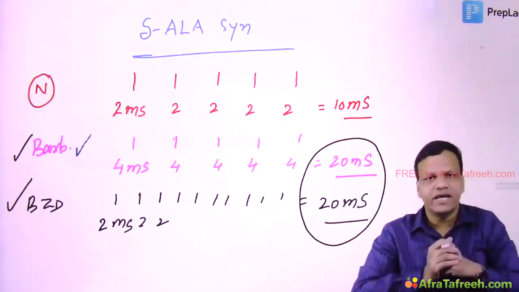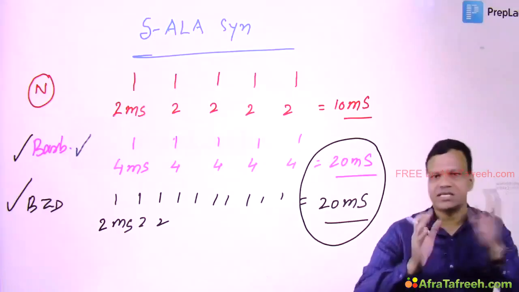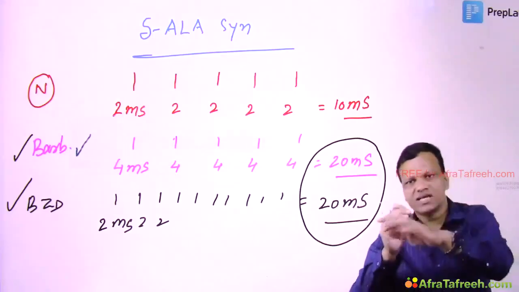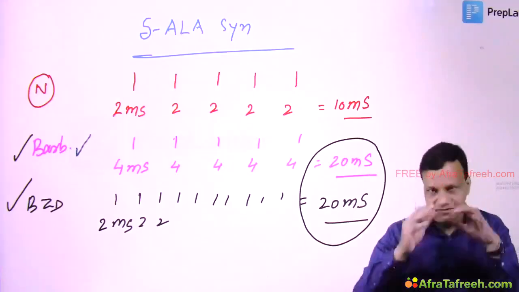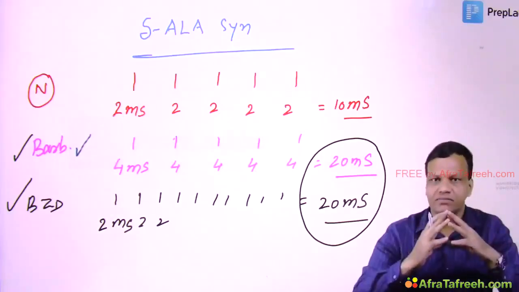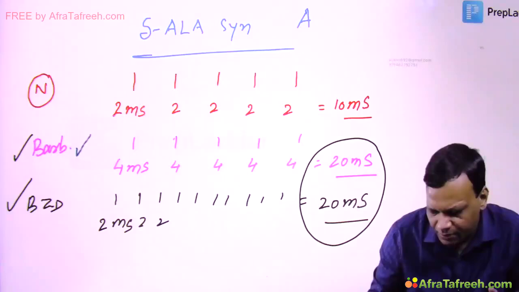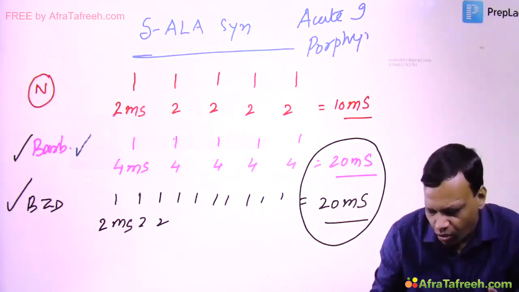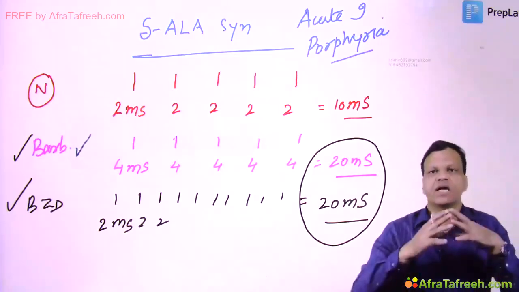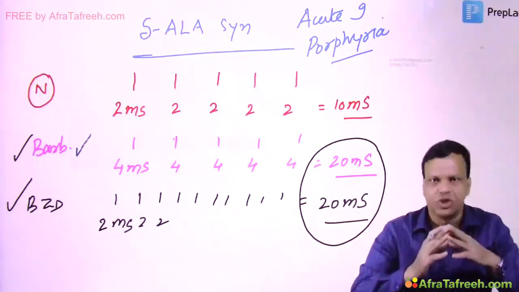This is the rate limiting enzyme in the formation of porphyrins. So when we give barbiturates, this enzyme is induced, so more porphyrins can be synthesized. And if a person is already having more porphyrins, the problem will aggravate. And which disease is that known as? Yes, acute intermittent porphyria. So barbiturates are contraindicated in patients with acute intermittent porphyria, whereas benzodiazepines can be used.